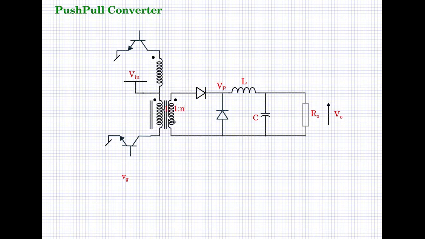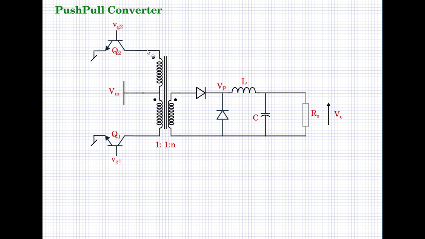So I will move this down and extend these two here to indicate that they are coupled. This is not needed, and this would be the push-pull as far as the primary side is concerned.